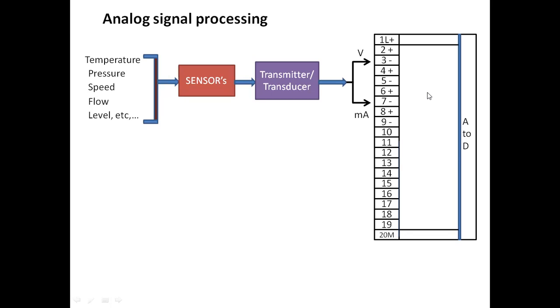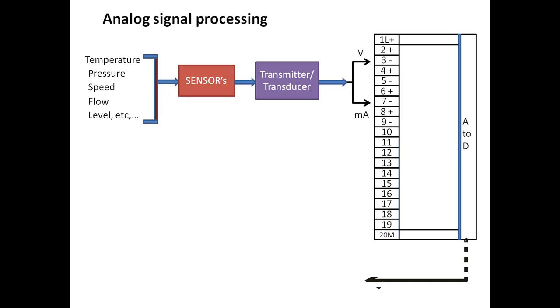To store that analog value, we need at least one word, like 16-bit data. So it converts your analog data to a digital format of 16 bits, in one word. For each channel or each input, it takes one word, so your addressing format is in word format.